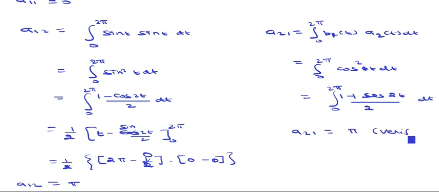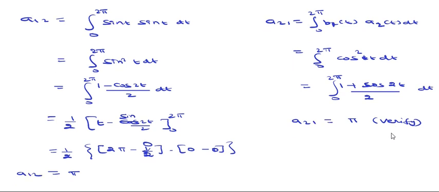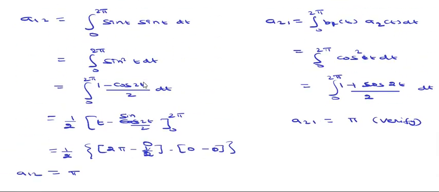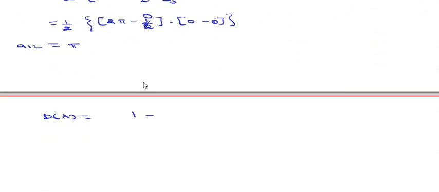You can verify. Now substitute all these things in D of lambda. D of lambda is equal to 1 minus lambda into a11, where a11 is 0, and similarly a22 is 0, and this is minus lambda pi and this is minus lambda into a21.